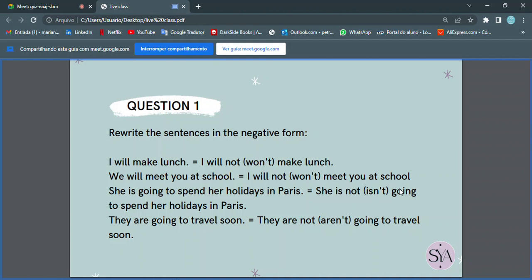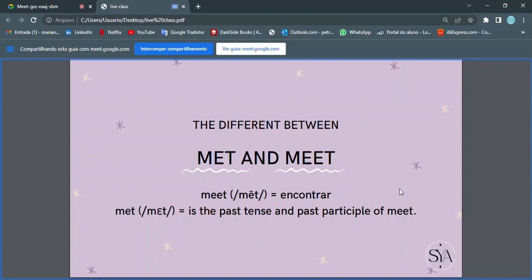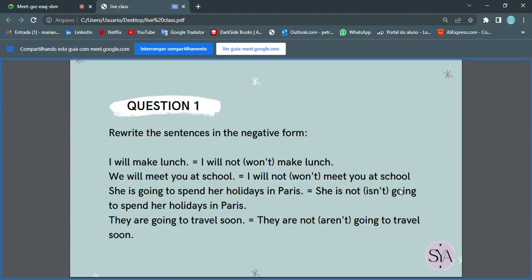And here I just bring a curiosity about the two words that we see in the second sentence, we will meet you at school. I don't know if you guys had this problem, but when I was studying English, these were written similarly and I had some problems remembering how to use them and how to say them.